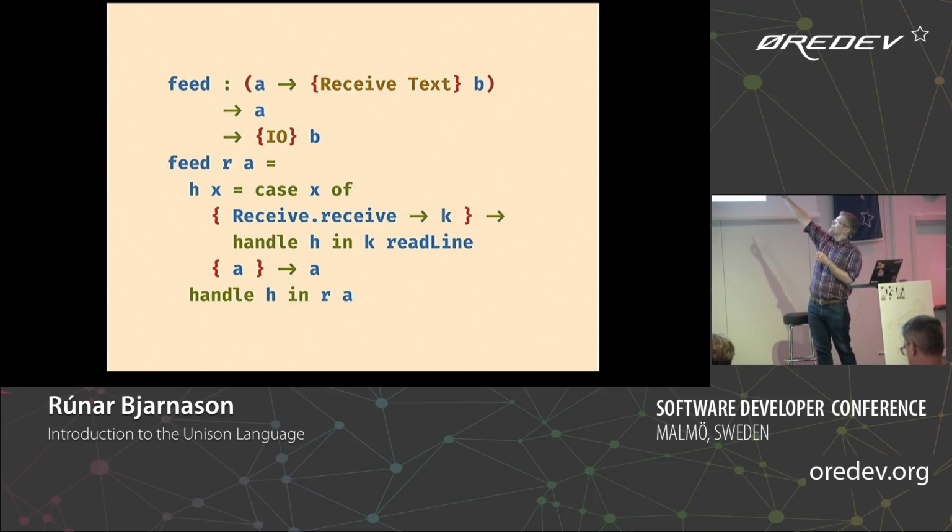So I need to pass some text to k, and here I am just passing readline, which is an I/O effect. All right, so I'm basically translating this receive text program to an I/O program. So you can handle abilities into other abilities. That's pretty cool. Great. Anyway, this is super flexible and kind of awesome.